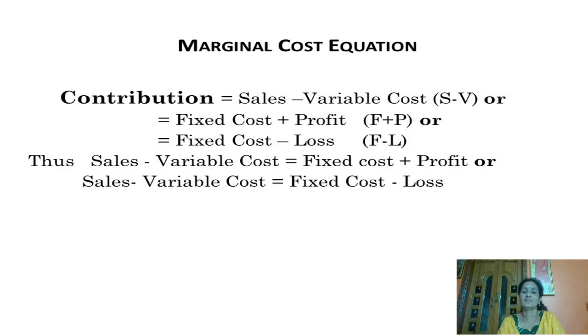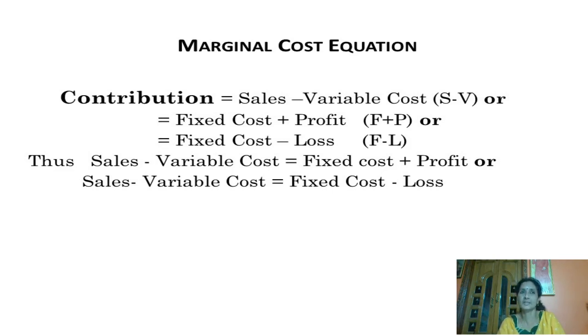Sometimes there will not always be profit. The organization can also incur loss. So when there is loss, contribution you can find out by fixed cost minus loss. Sales minus variable cost is equal to fixed cost plus profit. If we apply the same example here, sales is 1 lakh, variable cost is 40,000, so sales minus variable cost gives 60,000.